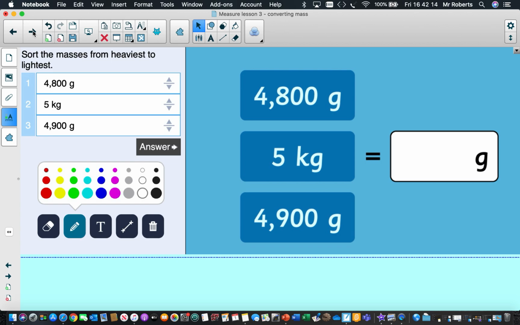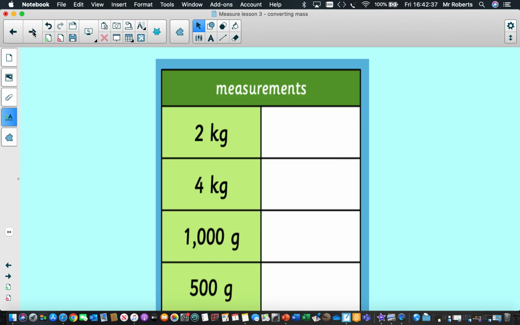Then we'd have 4,900 underneath that. At the bottom, the lightest, 4,800 grams. So remember, always convert to be all grams or all kilograms, whichever one you think is the easiest for you, or whichever one you think fits the question the best.